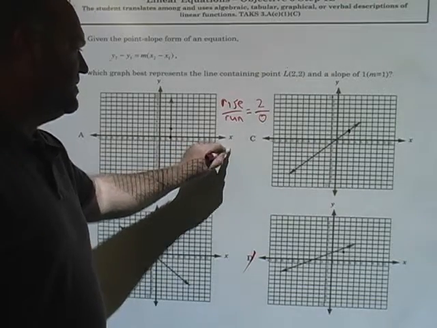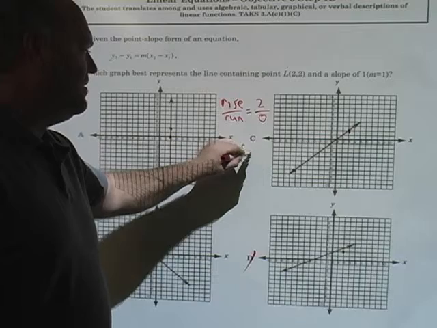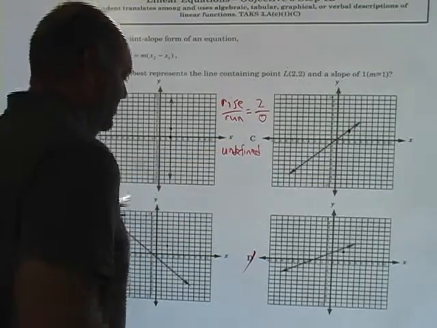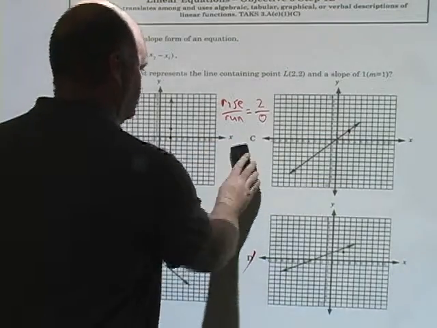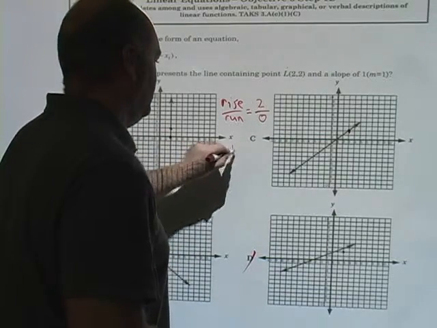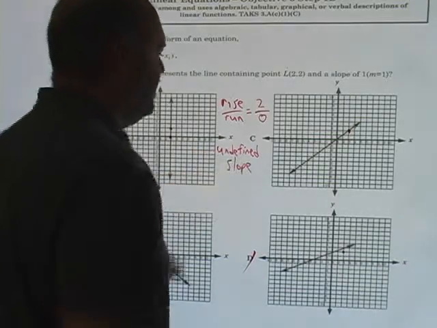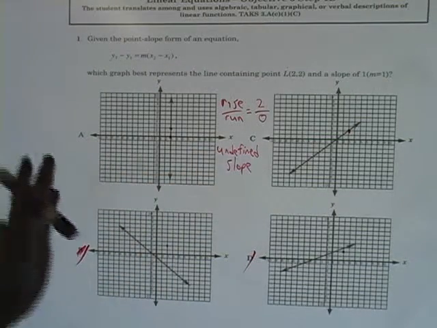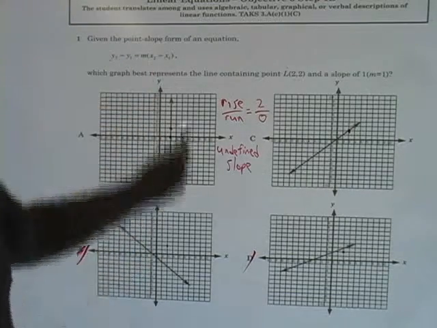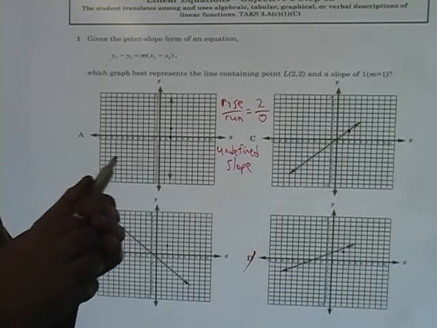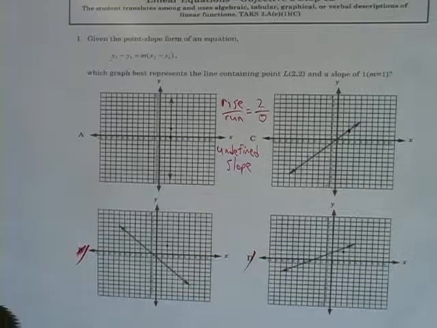We call this undefined. I'll rewrite that. An undefined slope. Since this line goes straight up, it's actually an infinite slope. Okay, we call it undefined slope. You can't call it a number because it's an infinite slope.